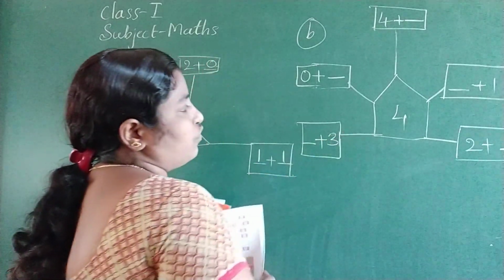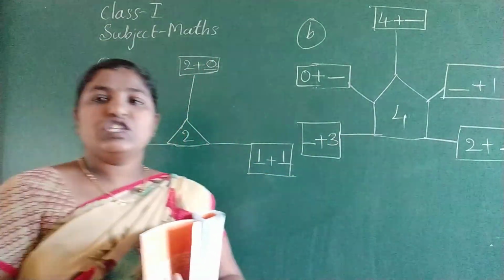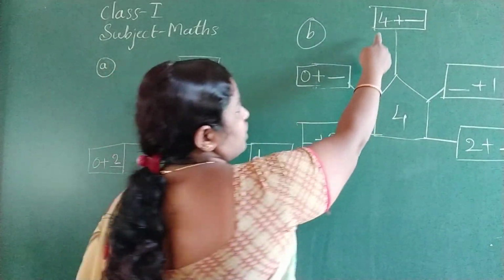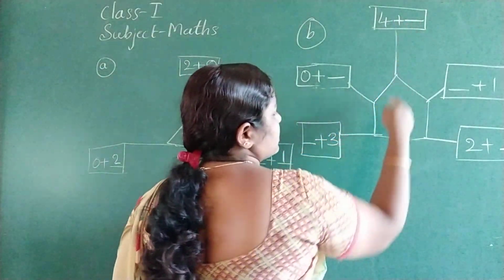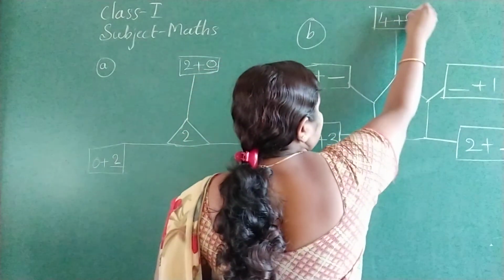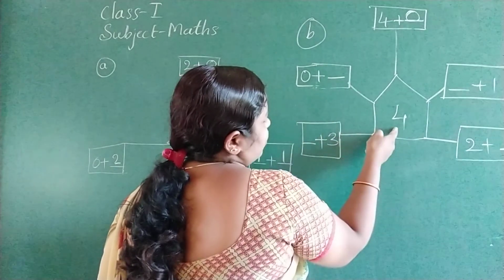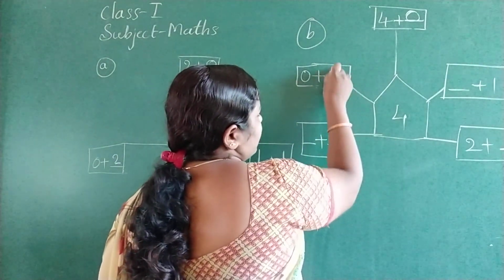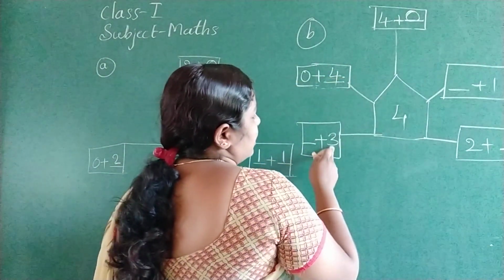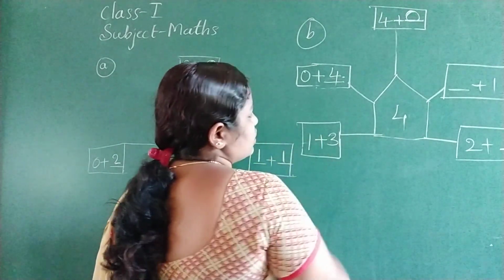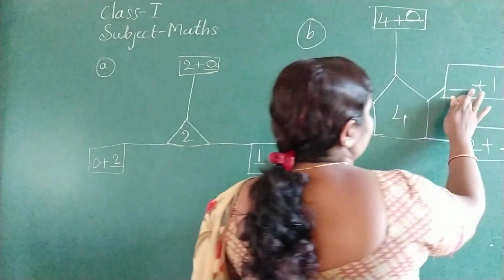So 4, in which combinations can we write? This is 4. First, 4 plus something is equal to 4 means this will become 0. 0 plus something is equal to 4, so this has to be 4. 3 plus something is equal to 4 means the answer is 1. 1 plus 3.